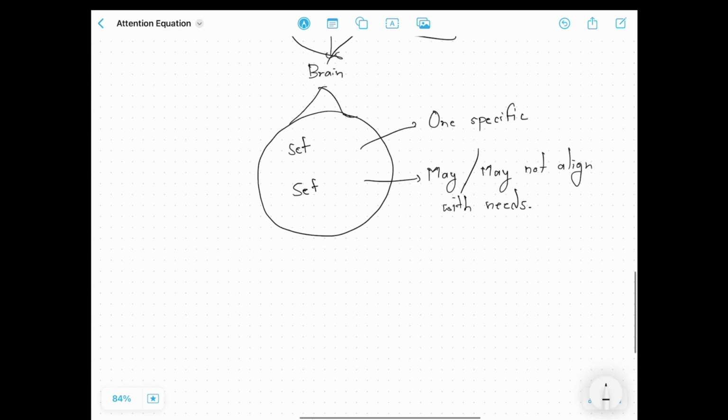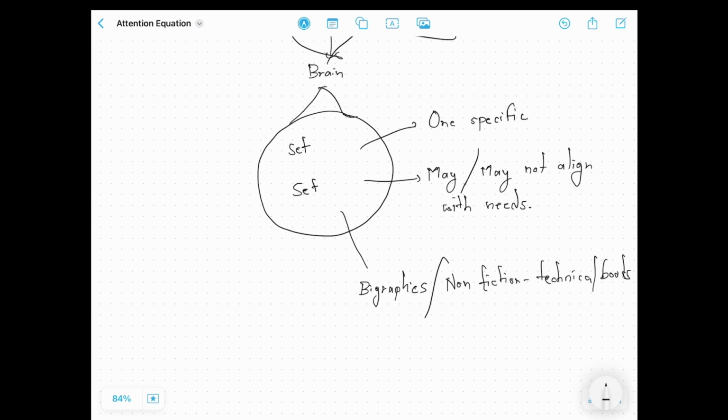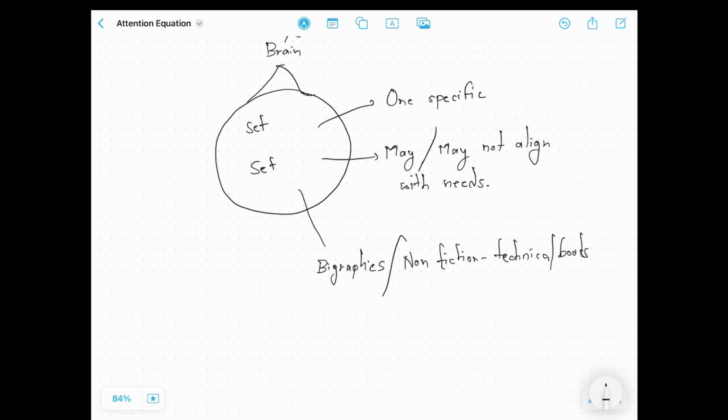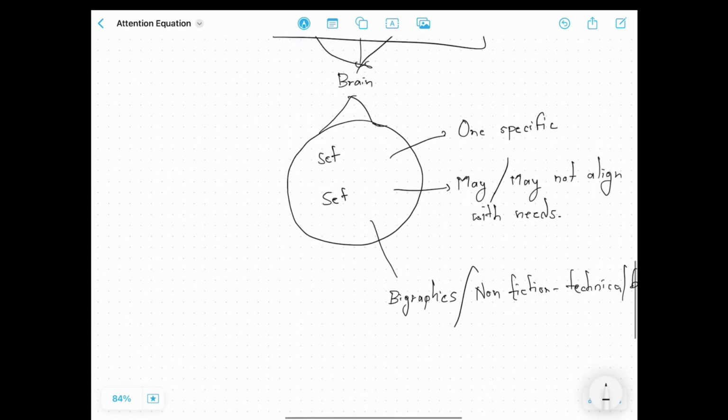So there will be biographies or non-fiction, as in technical books, that he will be pointing out. So there will be overlap. There will be something which may or may not interest me. But this is what value does.